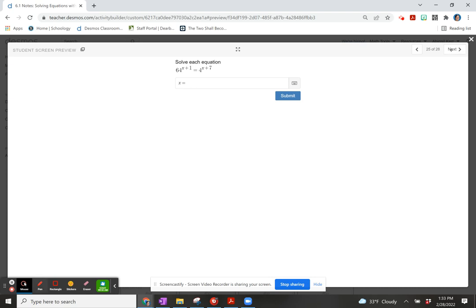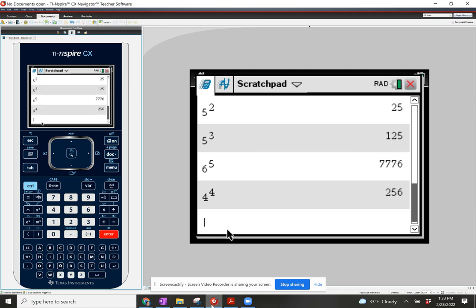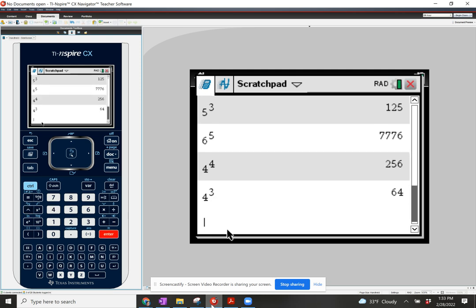All right, the last problem we're going to go over for this, we have 64 raised to the x plus 1, equals 4 raised to the x plus 7. We need 4 over here. So 4 raised to the 4 is too much. 4 raised to the third is 64.